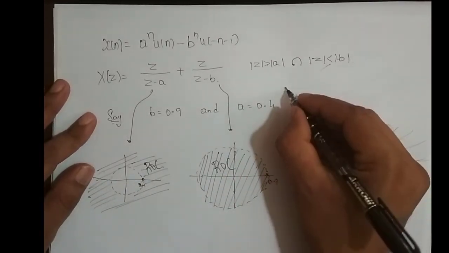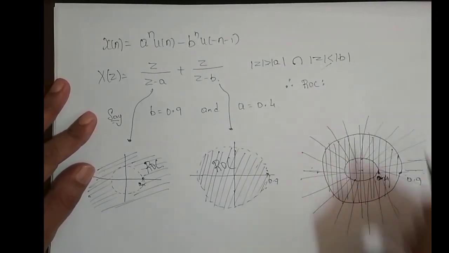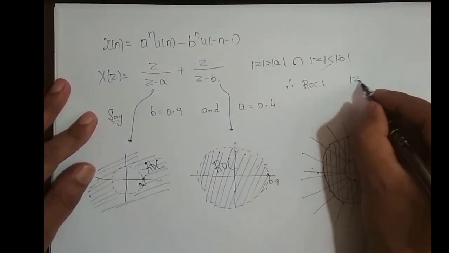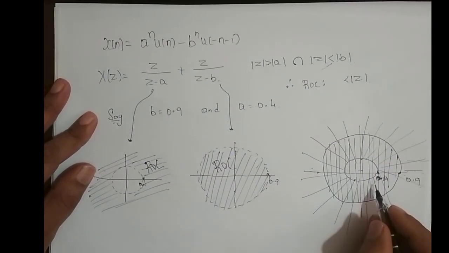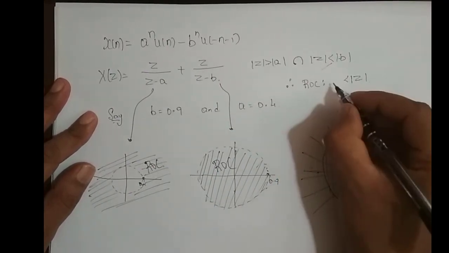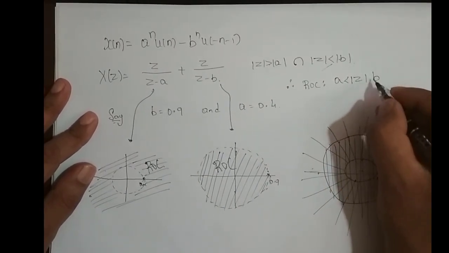So therefore the combined ROC of an infinite length double-sided sequence is nothing but magnitude of z greater than the smaller circle, which is a, and less than the bigger circle, which is b.